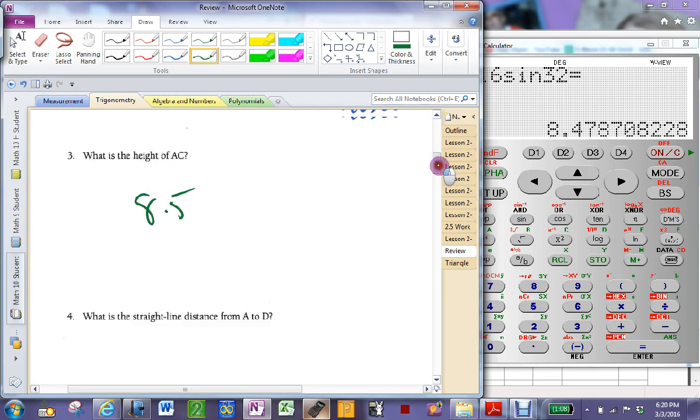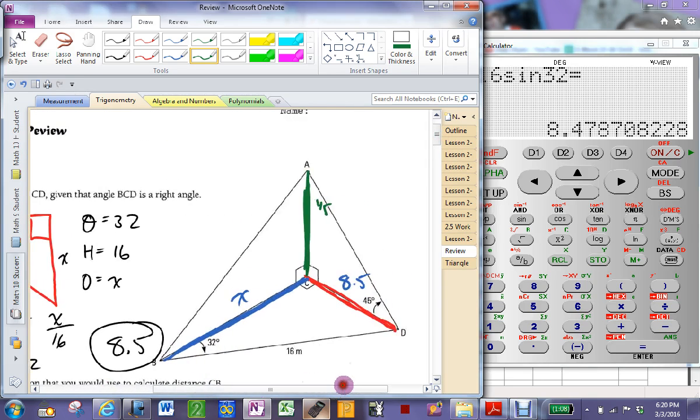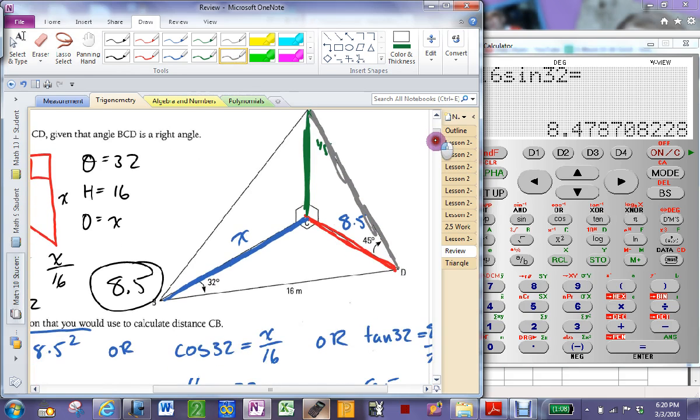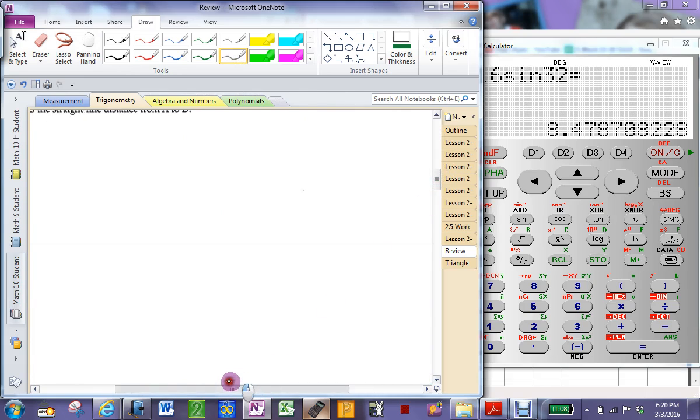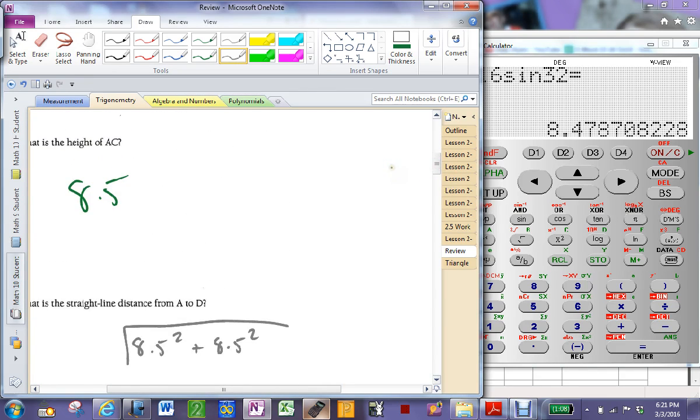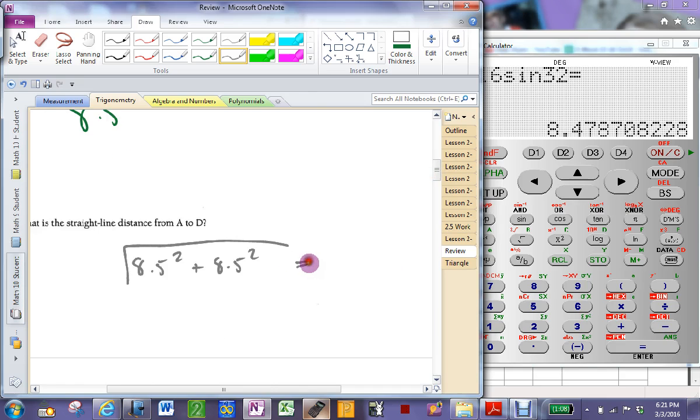And finally, the line from A to D. That's right here. And that's just the Pythagoras. 8.5 squared plus 8.5 squared, and then square root. So this answer ended up being something like 12.